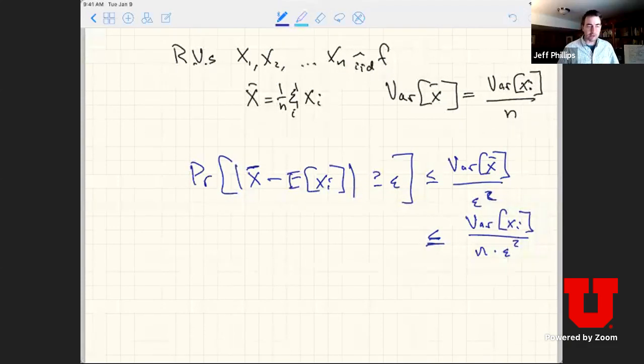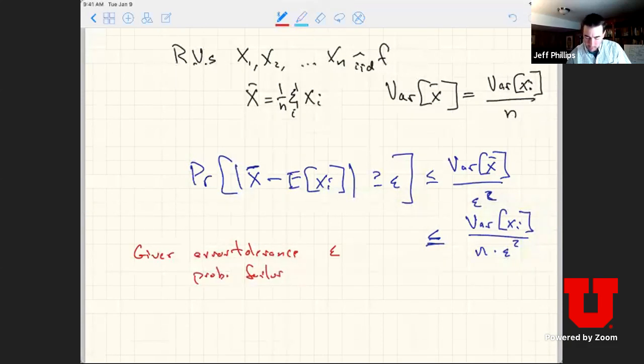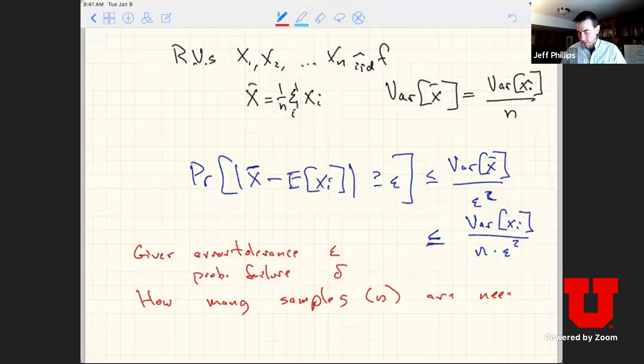So I can do, for example, the following. Given error tolerance epsilon and probability of failure delta, how many samples, the quantity n, are needed?